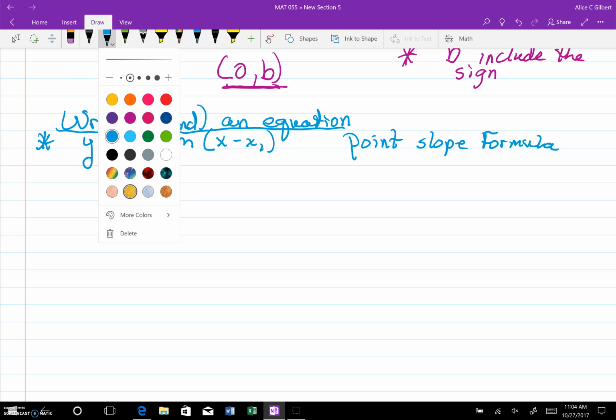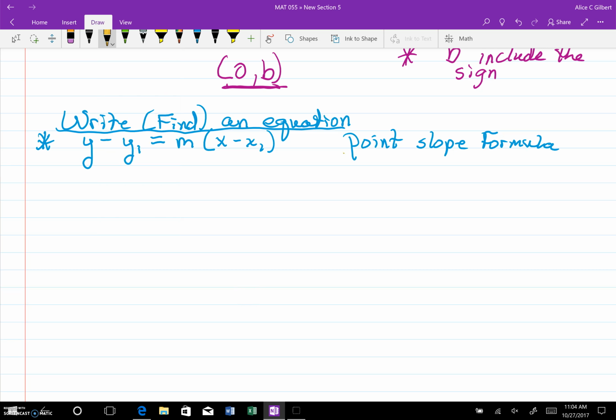And the point-slope formula tells us we have to have 1 point and we have to have a slope in order to use the formula. As long as I have those 2 things, then I can use this formula. So slope, once we have it, would go right in here.